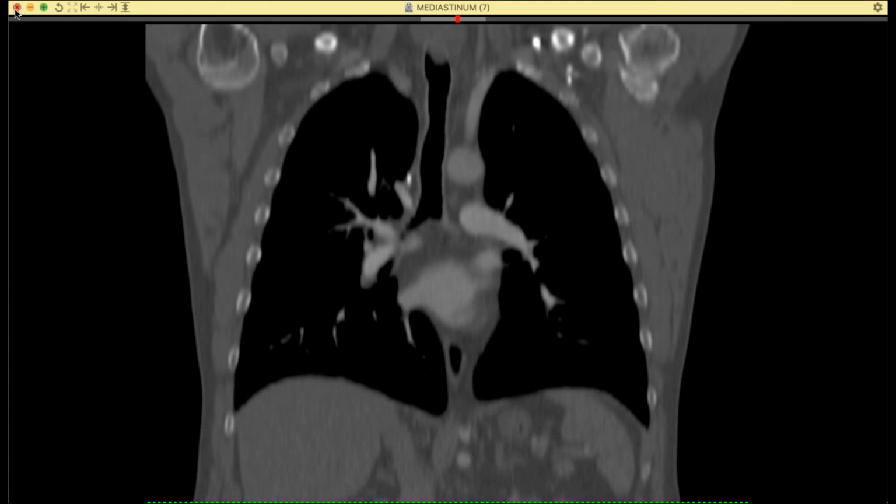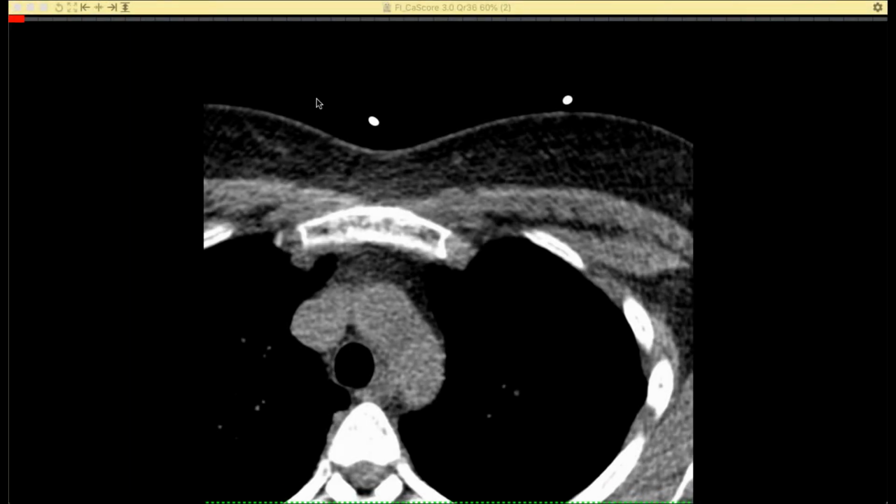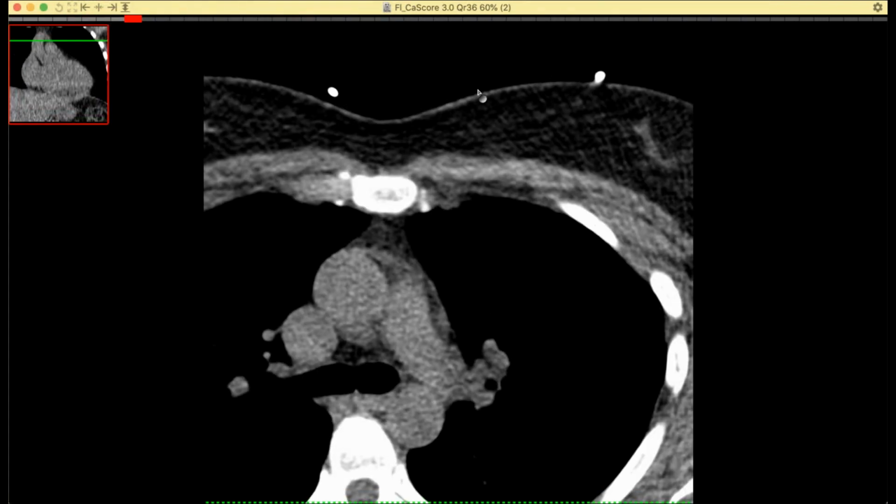So variation is really the rule. We reviewed something like 160 PA CTAs, having to grade every branch on these, and it was amazing to me how variant the anatomy was.